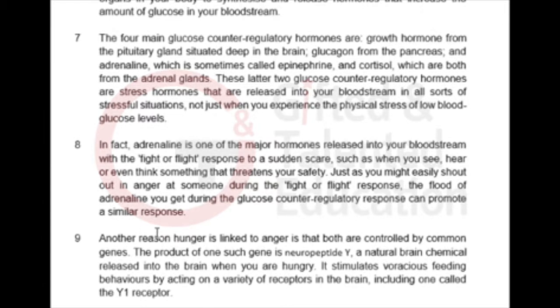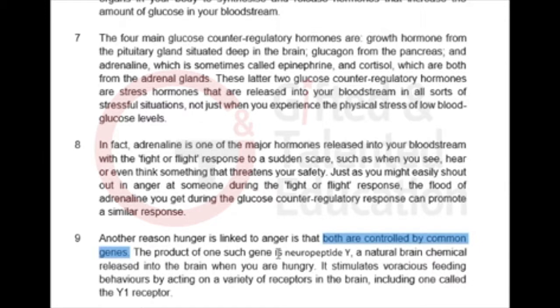Very clearly, the clue word is "another reason." Hunger is linked to anger, which is hangry. There you go. And what is this reason here in this paragraph? Well, that is because both hunger and anger are controlled by common genes.